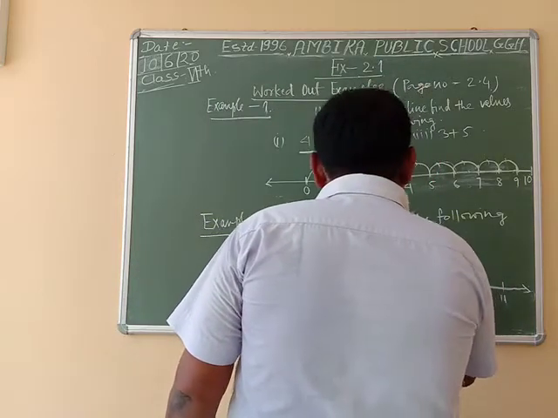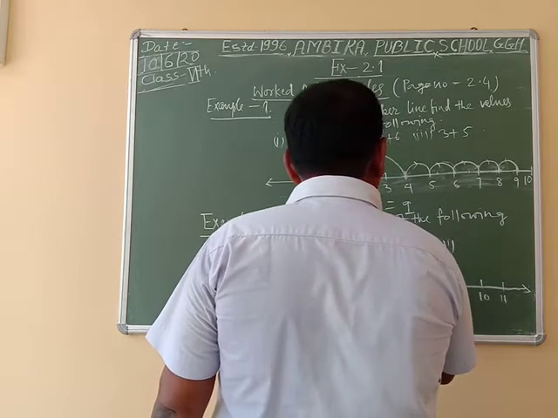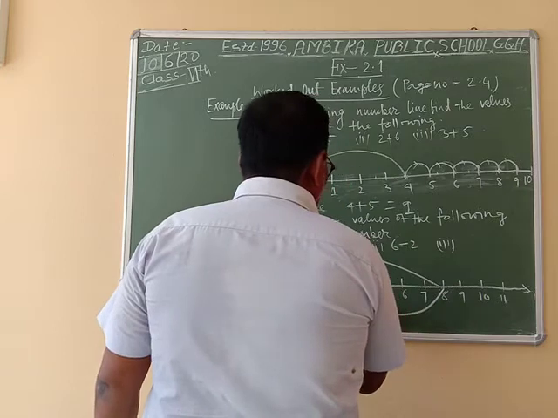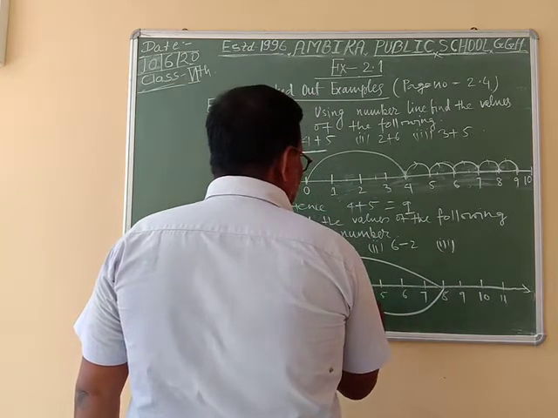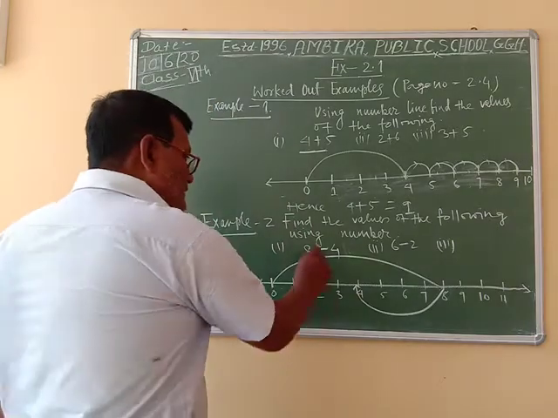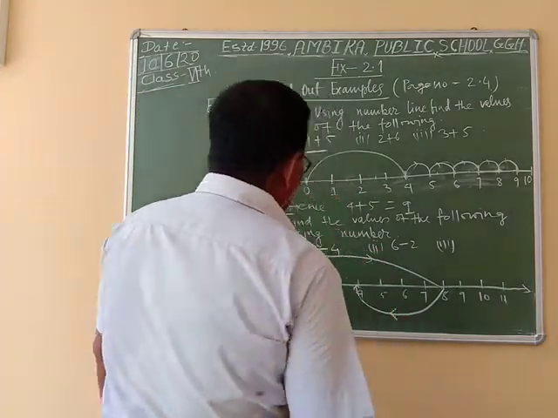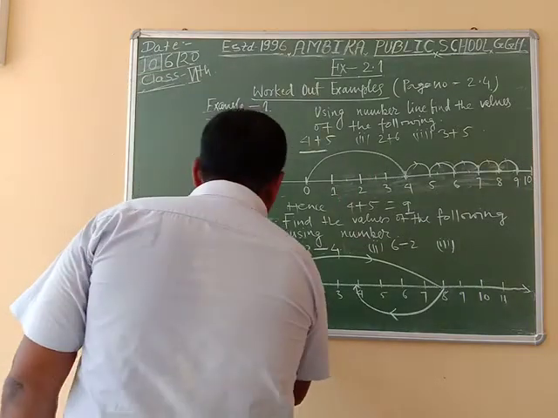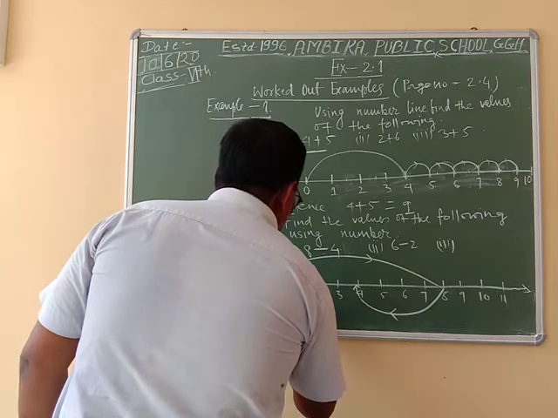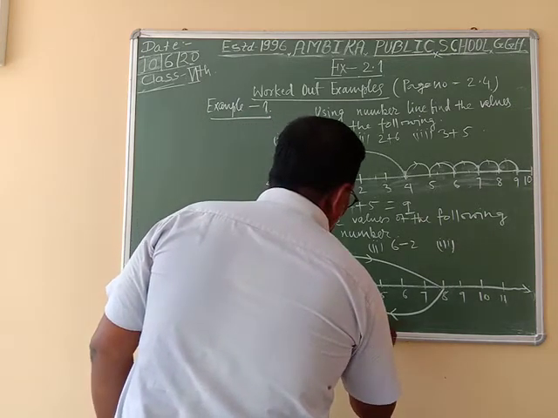Moving 4 steps left, we reach at point 4. Hence, the value of 8 minus 4 is equal to 4.